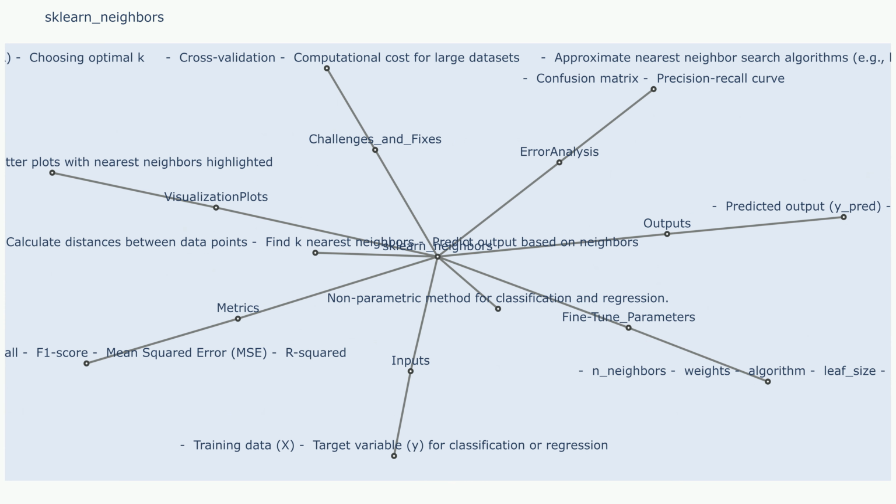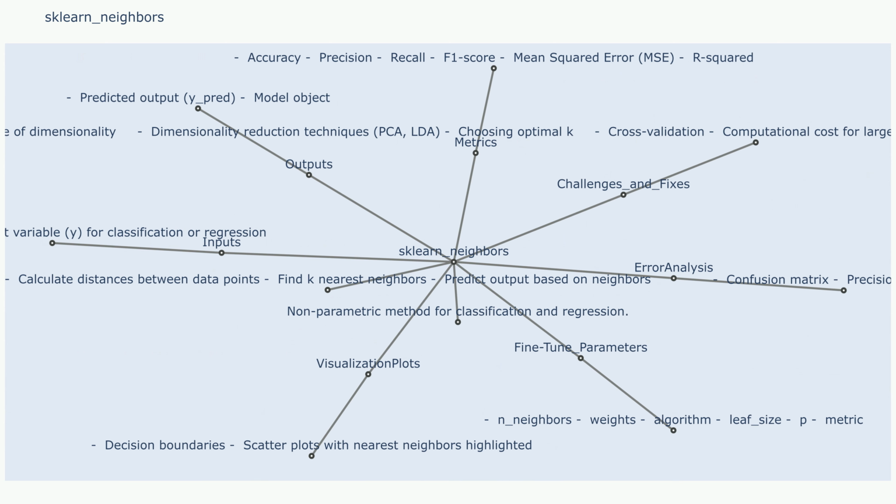Fixes to Challenge 4. Increase K. Increase the number of neighbors to smooth out the decision boundary and reduce the impact of noisy data. Regularization. Apply regularization techniques like L1 or L2 regularization to penalize complex decision boundaries and prevent overfitting.